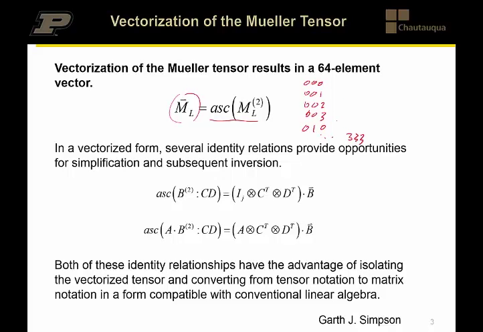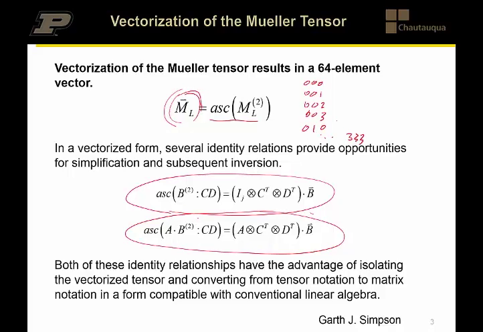Now, there's a couple of key advantages to moving to a vectorized format. First is that we can isolate and solve the elements of the Mueller tensor using linear algebra if we take advantage of some identity relations that apply to vectorization operations. These are the two that we'll use in this little snippet.